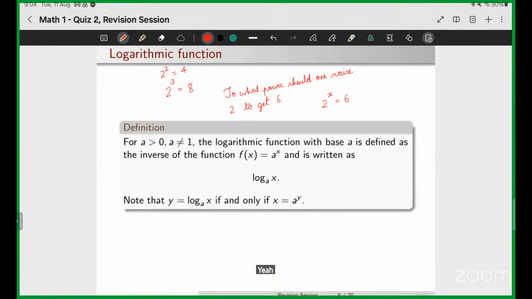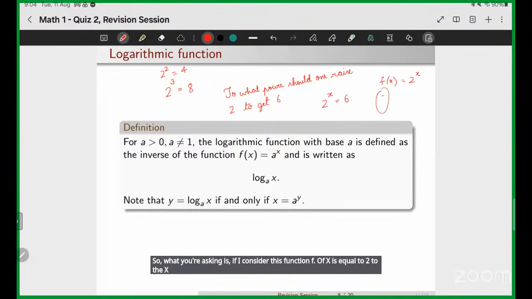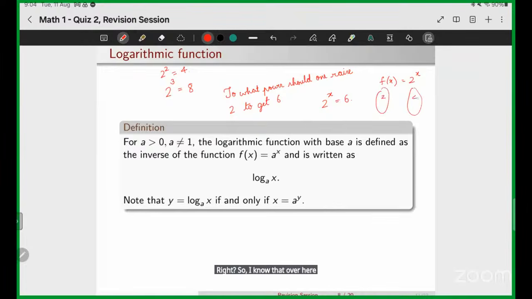But what is the exact value? So what you're asking is, if I consider this function f of x is equal to 2 to the x, I know that 2 goes to 4, 3 goes to 8, and there is this 6 in between.